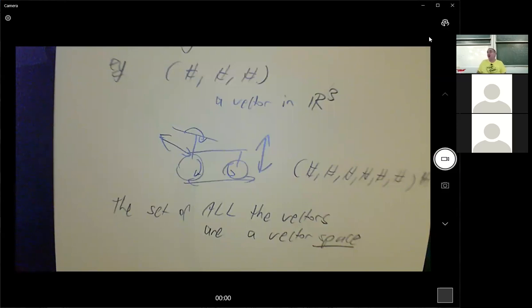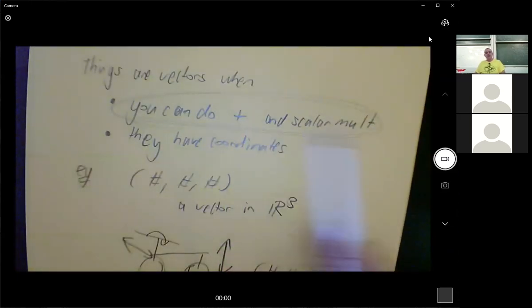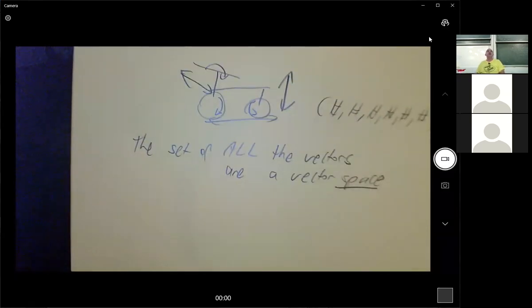It can be an arrow if you're thinking about adding it to stuff. So if you're thinking about doing these operations, then you can think of it as an arrow. But if the vector's there all by itself without anything being done to it at the moment, then it's a point.